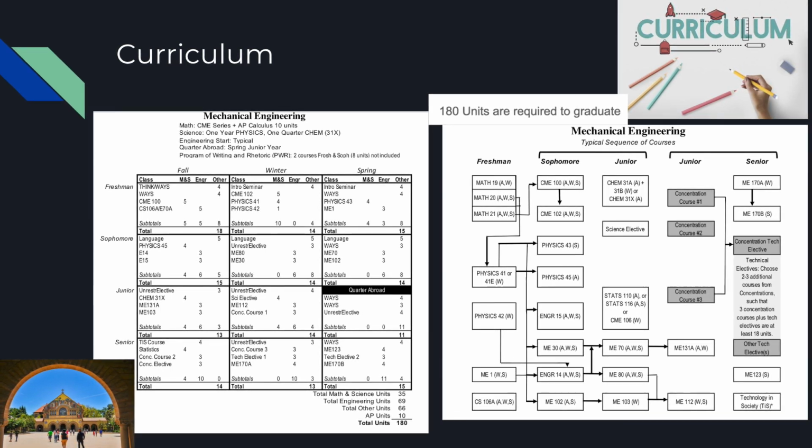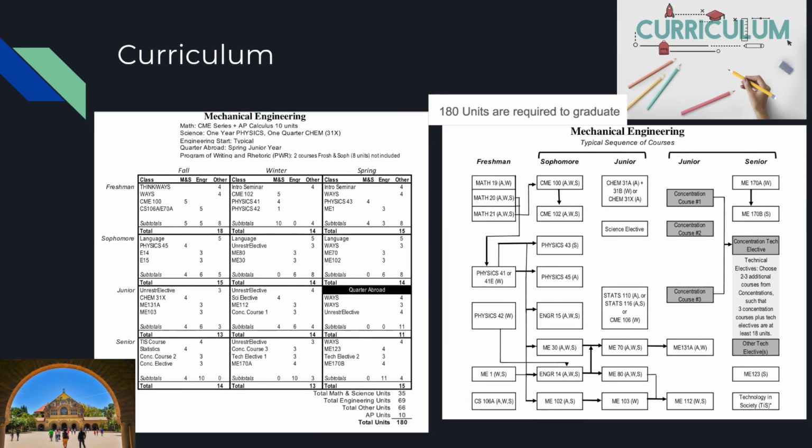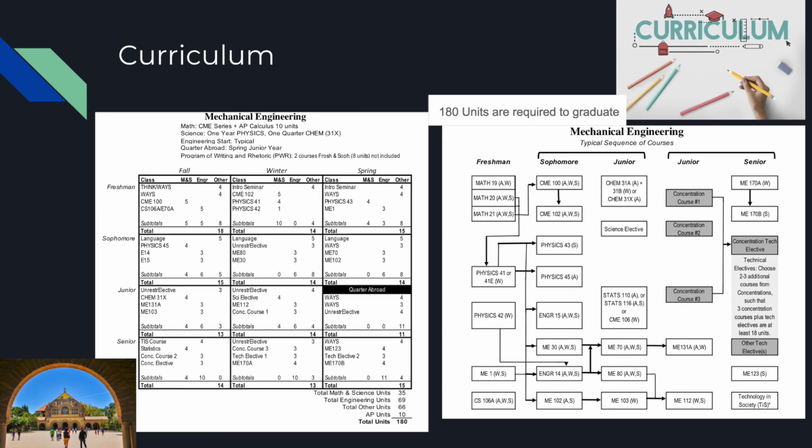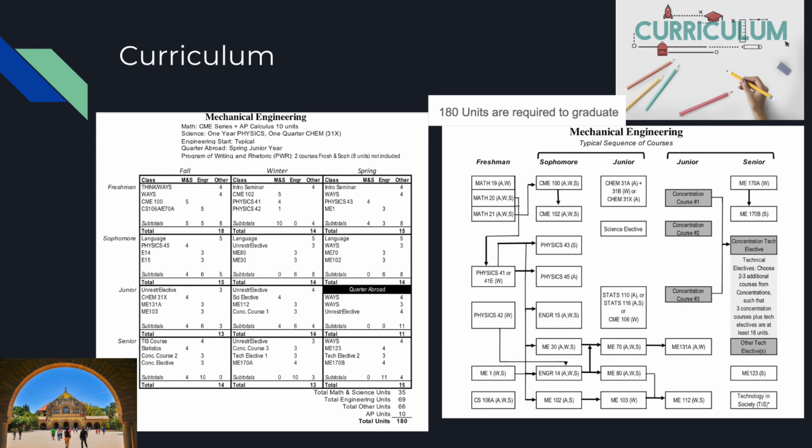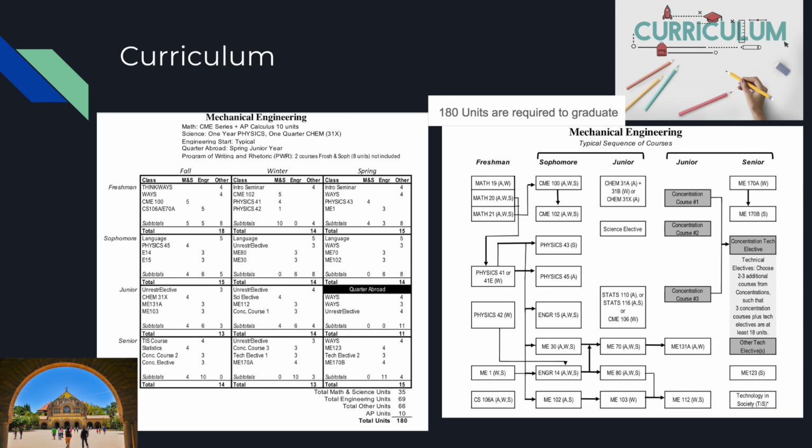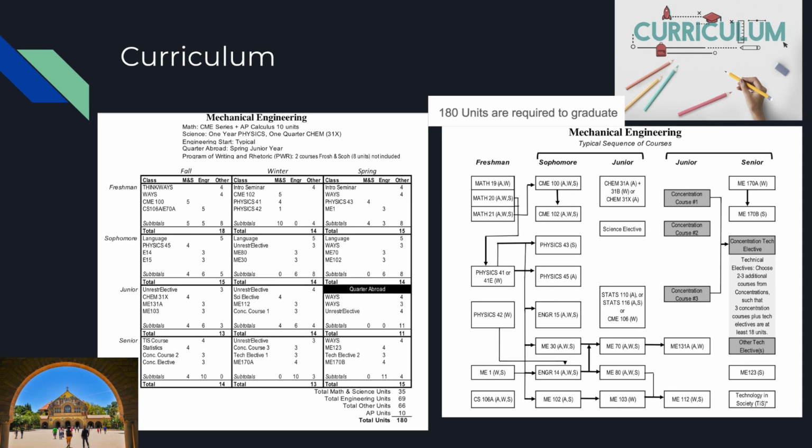Now, here you can see on the left side an example of a typical breakdown of a curriculum for a student gaining all required units to graduate, and you can see the semester breakdowns with it.